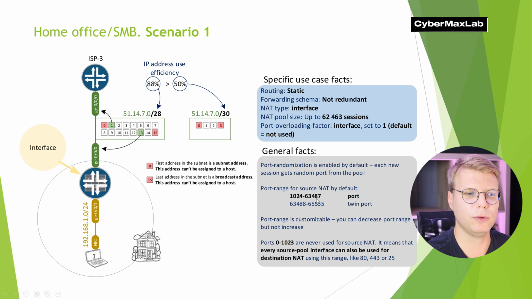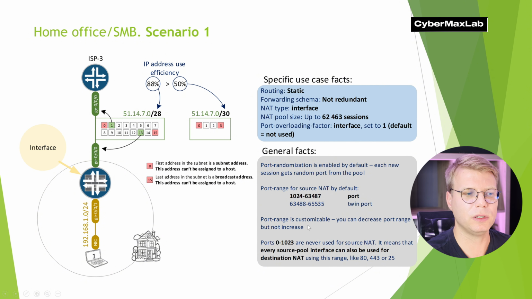There is also a reserved range from 63,488 to 65,535 for the twin port. Twin ports are used for a special kind of RTP applications like SIP or H323. The port range is customizable, but you cannot increase it, you can only decrease certain ranges here.